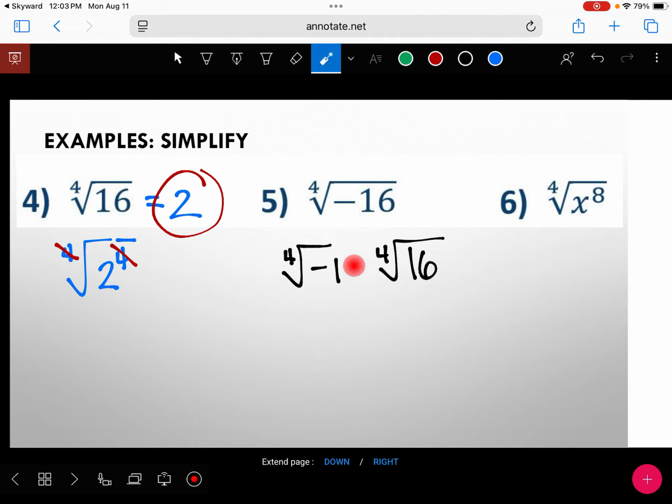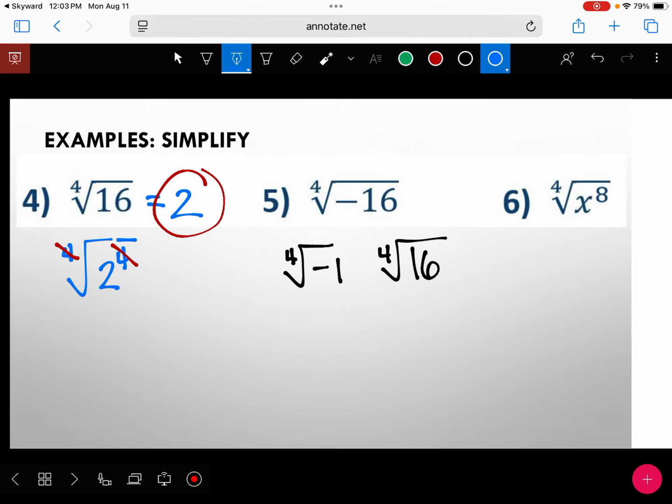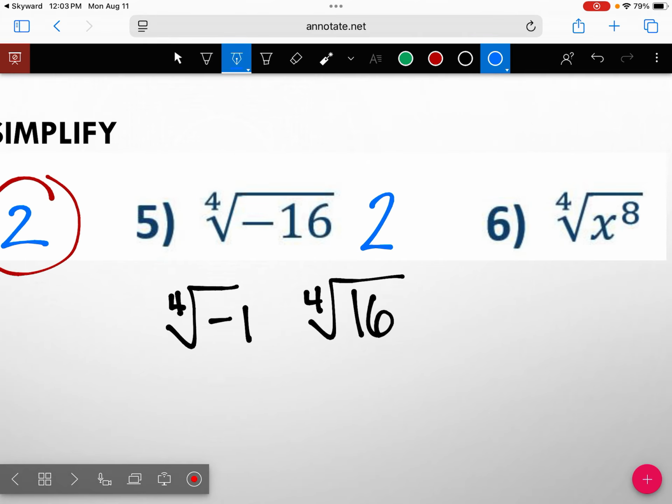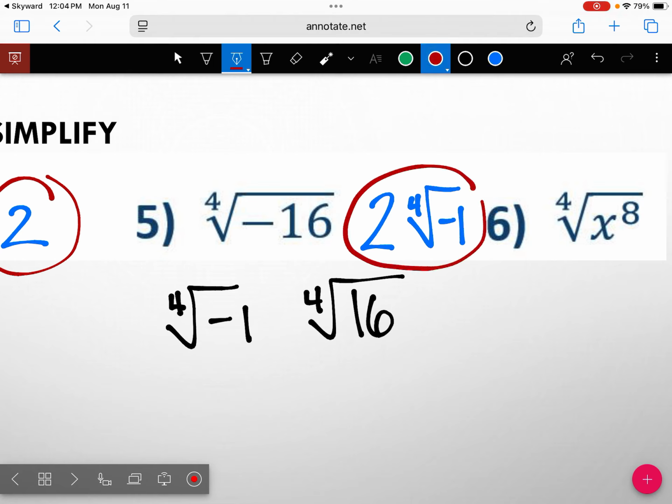So will this stay or will it come out? Who says stay? Yep, because 4 is even, so I can't do anything with that. It has to stay right there. And we already figured out that this is 2. So my answer will be written as 2 times the 4th root of -1. Because that -1 has to stay. We can't take it out.